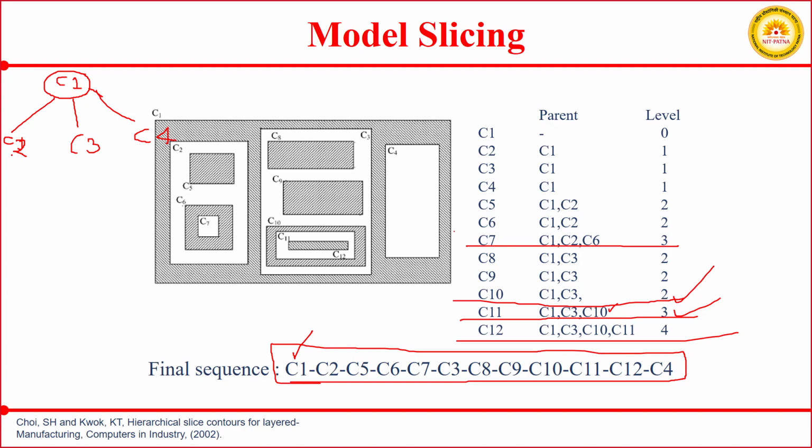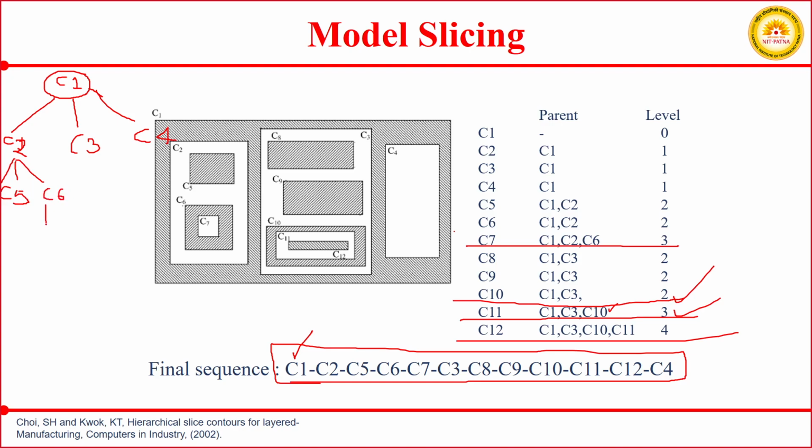C1 is having 3 sons, C2, C3, and C4 direct. Then C2 is parent for C5 and C6, right?